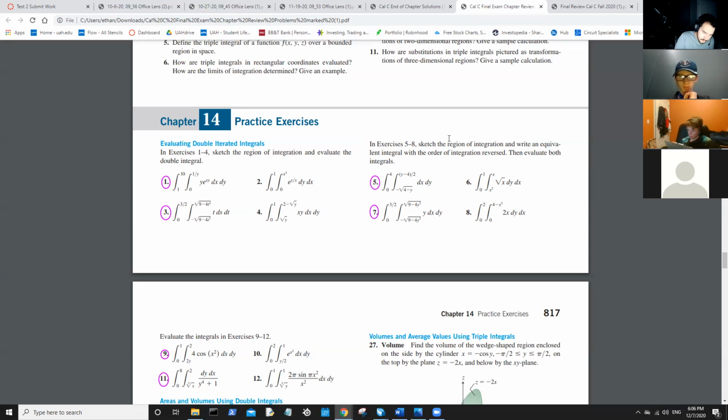Negative x squared is just x squared because the negative's inside. So it's just x squared is equal to 4 minus y. Rearrange, then you have 4 minus x squared is equal to y. That's our lower bound.